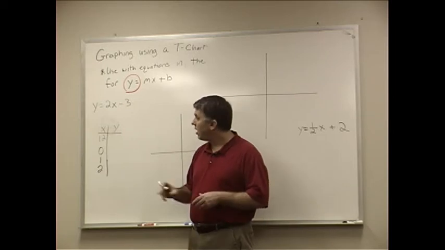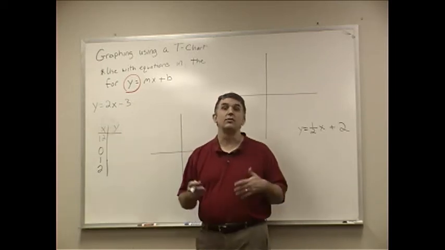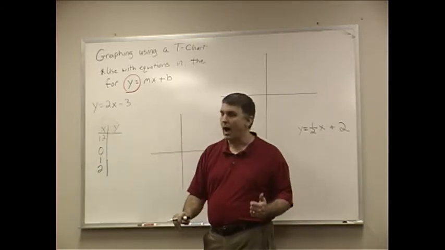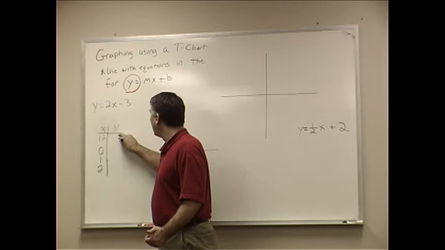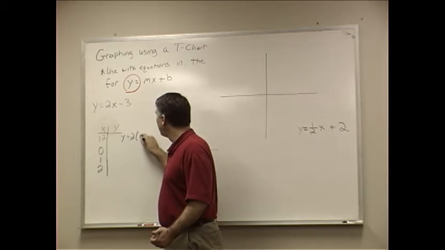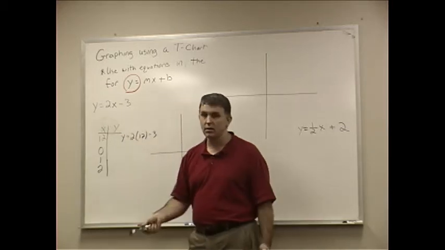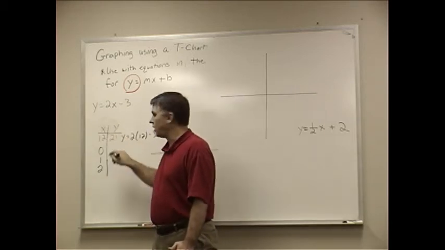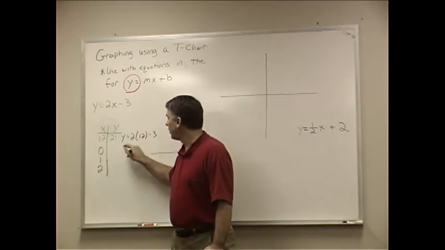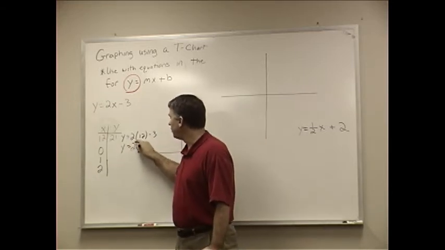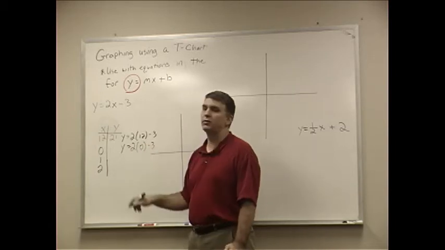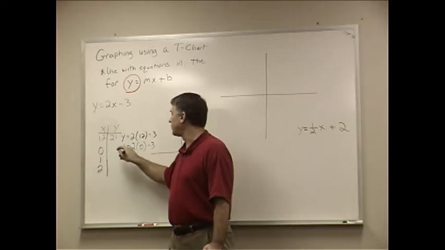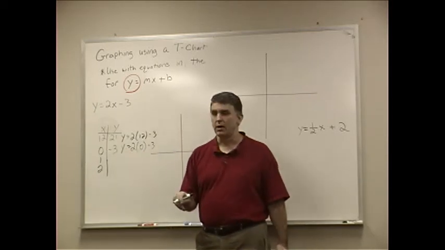Alright, so now that we have some x values, and yes, you get to choose the x values, we're going to figure out what y equals. So with 12, y equals 2 times 12 minus 3. 2 times 12 is 24, minus 3 is 21. For 0, y equals 2 times 0 minus 3. 2 times 0 is 0. 0 minus 3 is negative 3.